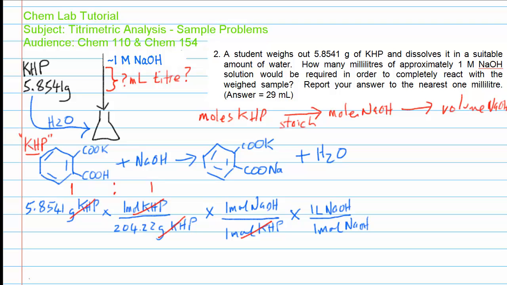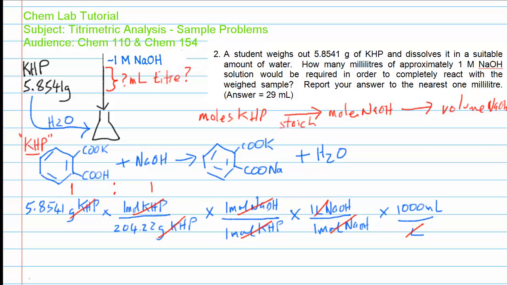The molarity is approximately 1 mole per litre. So we multiply by the reciprocal of that, because by doing that we get the moles of sodium hydroxide to cancel, leaving us with the volume of sodium hydroxide in litres. And it remains for us to convert that to millilitres, because we are asked to report the volume in millilitres. So we'll multiply by this conversion factor here, 1000 millilitres per litre. Doing that, we get the litres to cancel out, leaving us with units of millilitres.